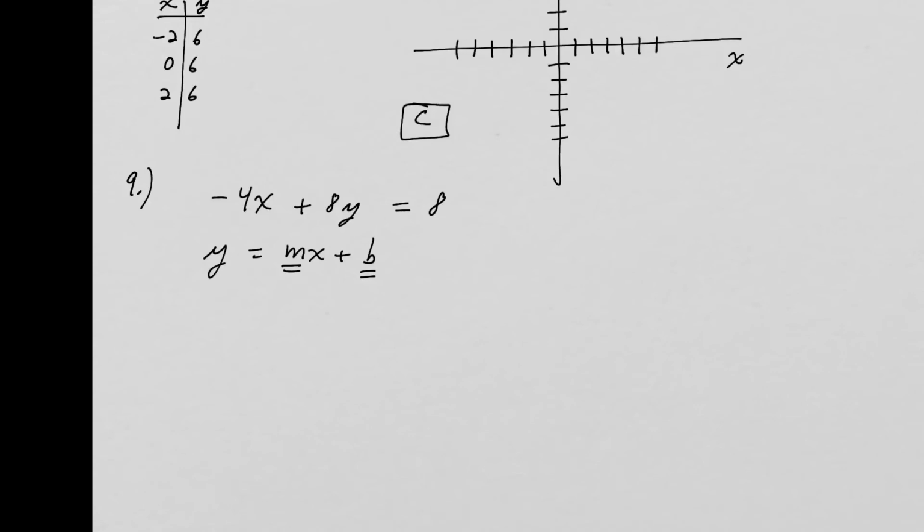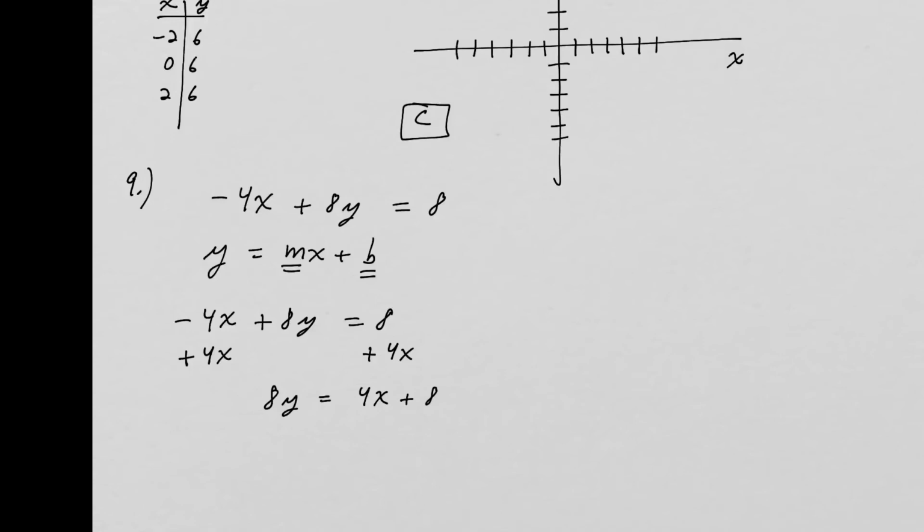So how do I rearrange this equation to put it in this form? I simply solve it for y. So let me write down the equation again here. -4x plus 8y is equal to 8. So I want to solve this for y. I want to keep the 8y together on the left-hand side. I need to first get rid of the -4x, so I'm going to add 4x to both sides. So I have 8y equals 4x plus 8.